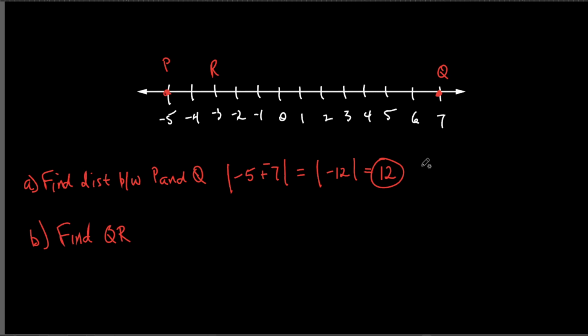So instead of going -5 minus 7, you could have gone 7 minus -5, because we're finding the distance all the way from here to here. 7 minus -5, we add the opposite. It's just 7 plus 5, which is 12.